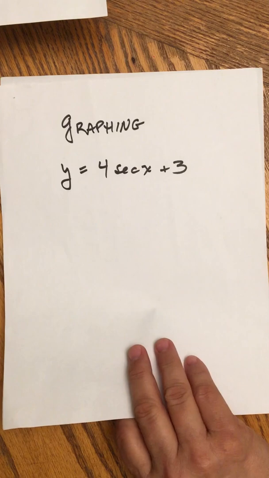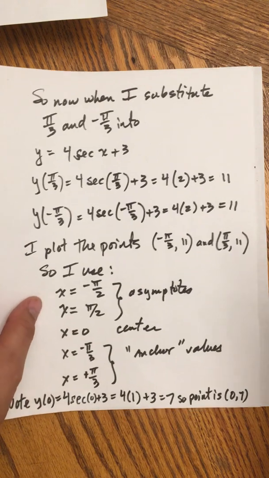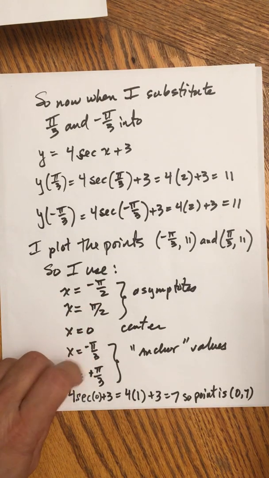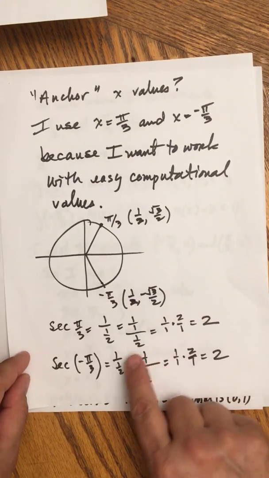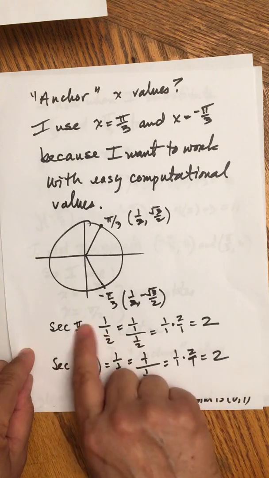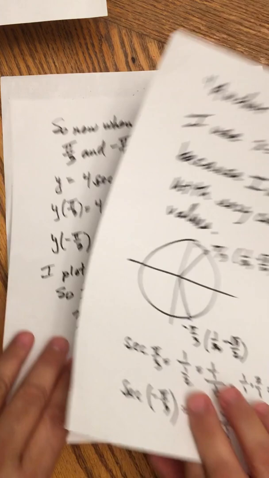But now I want to remind you that from the video on 4 secant x plus 3, I told you I like to use certain anchor values, right? I use the asymptotes, the center value, and just a couple of anchor values that are nice, because these anchor values end up making it so that when you take the secant of that angle, you get nice whole numbers too, okay? Or -2, that kind of thing.